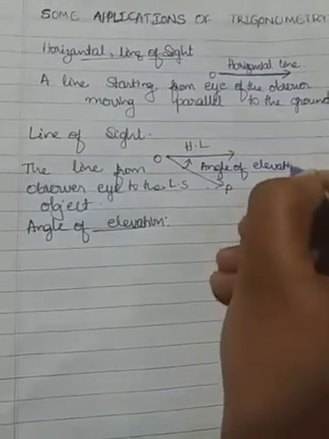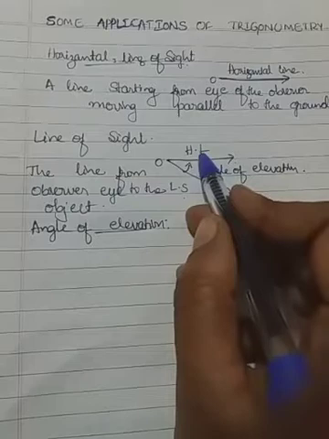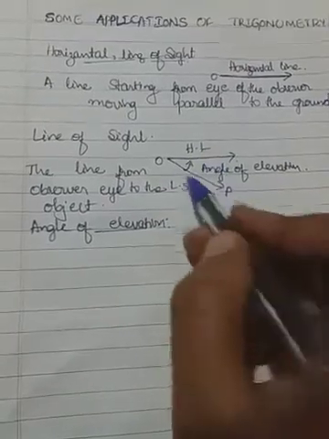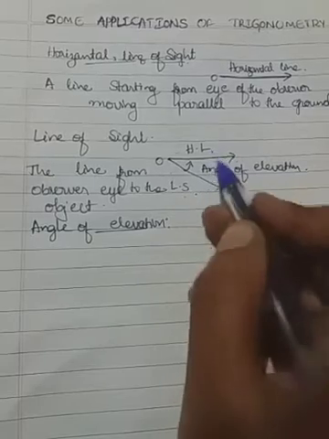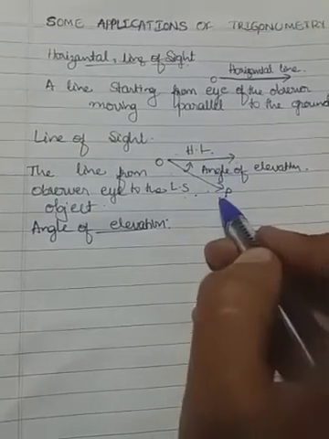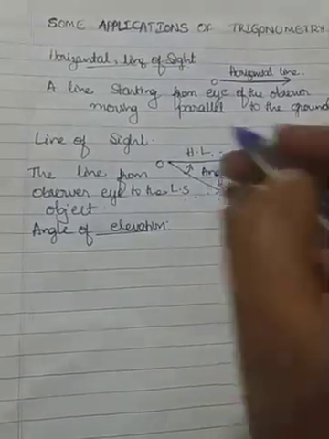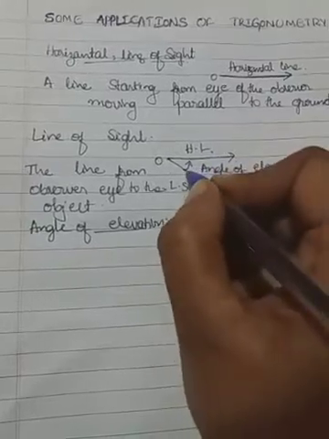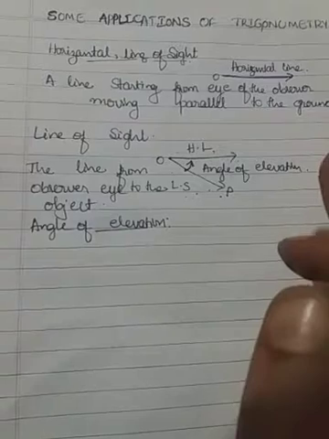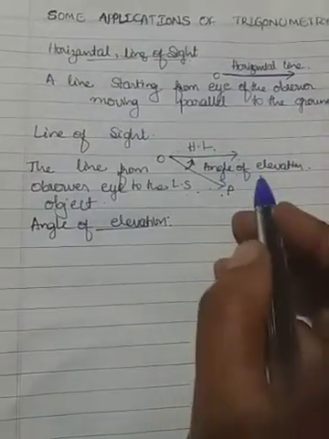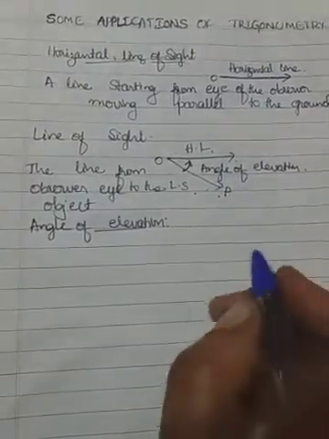Keep in mind, it is the angle between the horizontal line and the line of sight. When the object is above the horizontal line, this arrow mark indicates it is above, that is called the angle of elevation.